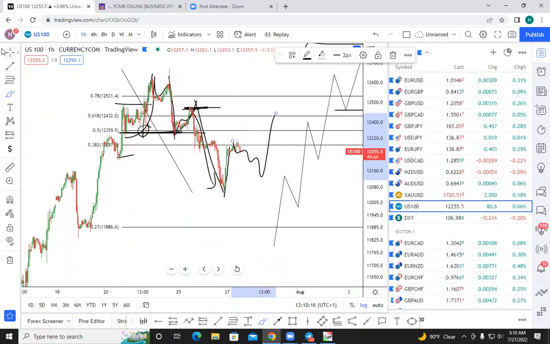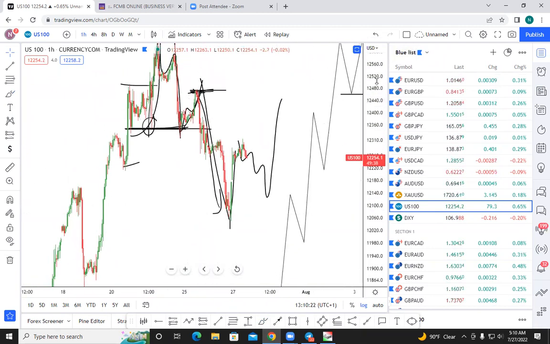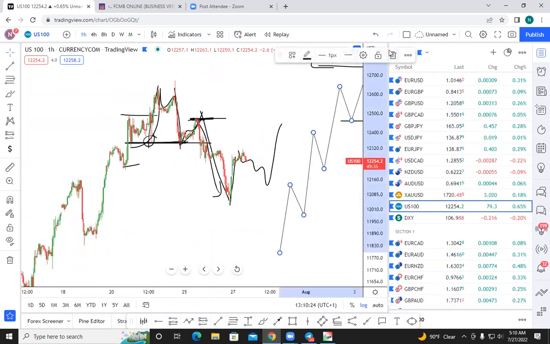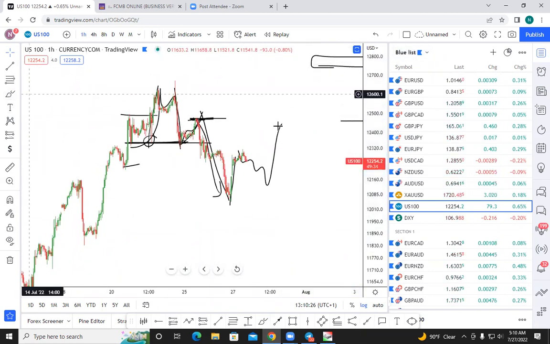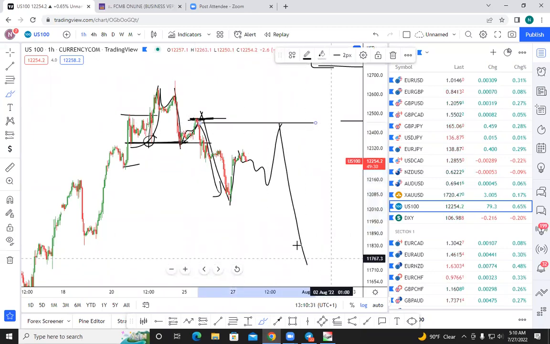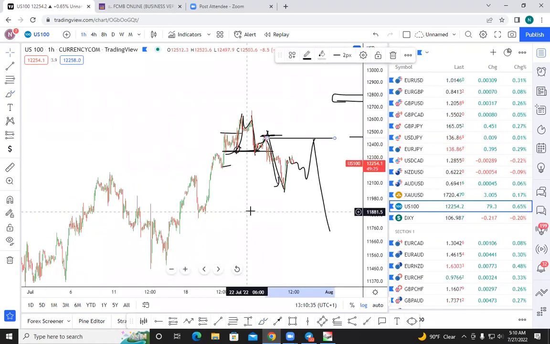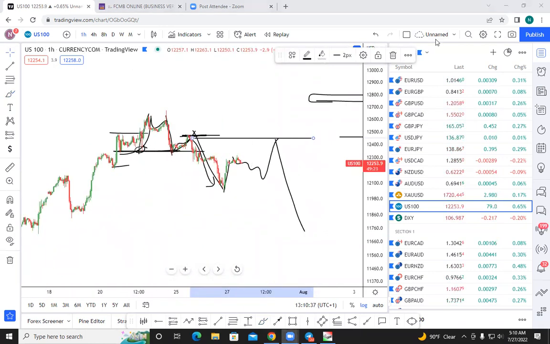This has become a three-wave corrective structure to the upside, up to 50 to 61.8. And then from that level, you can have a sell opportunity to the downside. Do you see it, guys? That's how I look at the market, and that's how I want to trade.